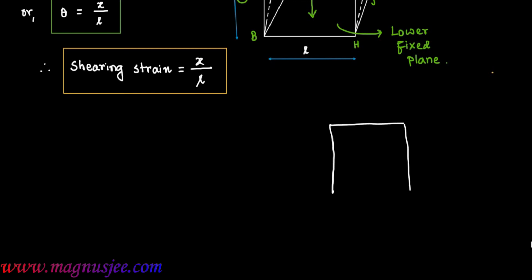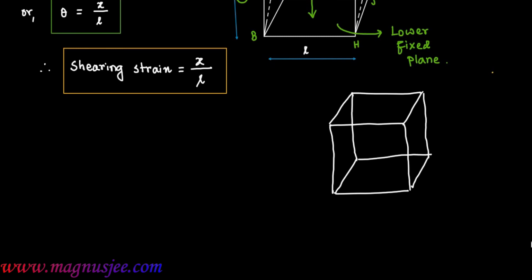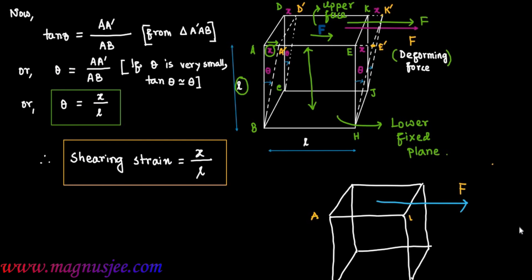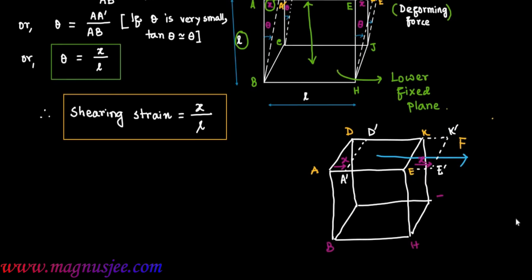So if we draw the diagram again, this is a cube on which a deforming force is applied tangentially. The deforming force F is applied on the upper face AEKD of the cube tangentially, and the arm AD will be displaced to the position A prime D prime, and EK will be displaced to the position E prime K prime, and x is the linear displacement of this upper face.